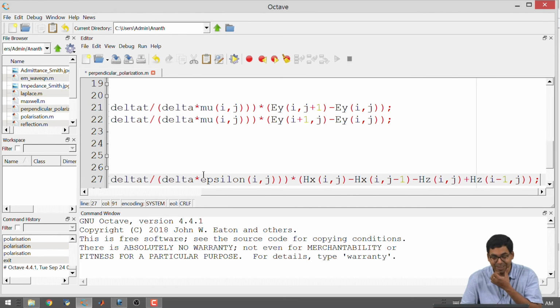All right. It's a lengthy expression, right? But there are no tricks or anything. I mean, whatever you have written with your derivation is the exact same thing written in the difference form. But those are the tough parts, that's it. I mean, all your update equations are done for Hx, Hz and Ey. Okay. And once you are able to do this, that means that you have written the curl equations accurately. All you need to do is now define the source value, define some plotting commands, and you are done with the program, all right. So, let us go ahead and do that.